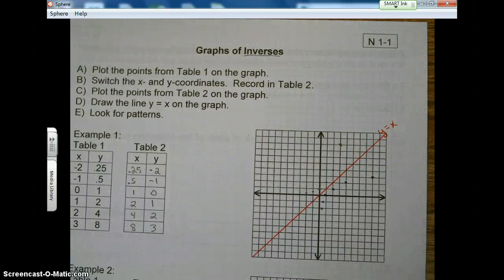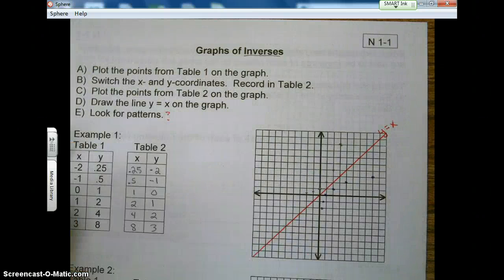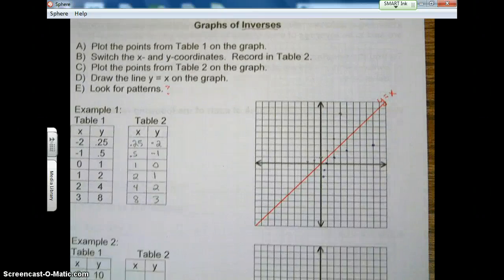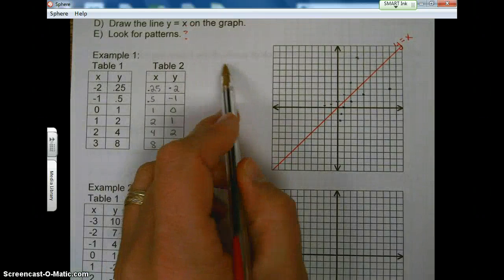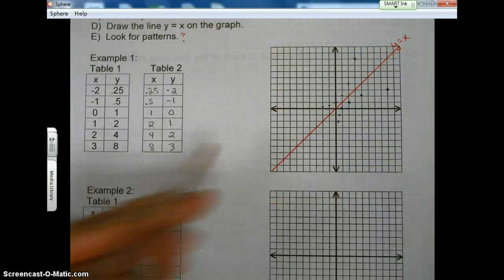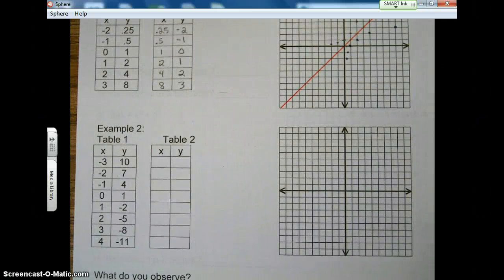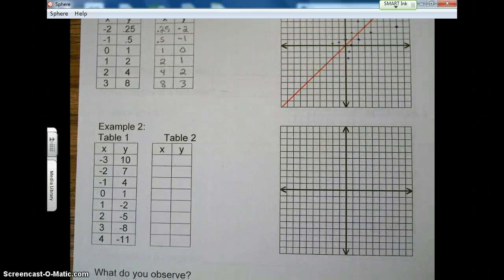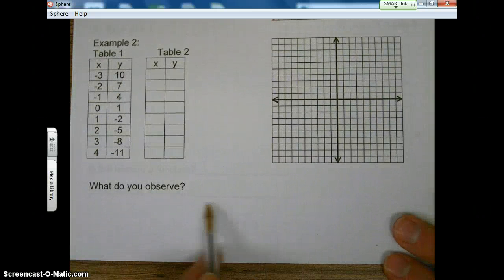So what patterns do you see? Any patterns you see, go ahead and write down anything that you see. Actually, I'm sorry, down here at the bottom, go ahead and write down what patterns you see down here at the bottom.